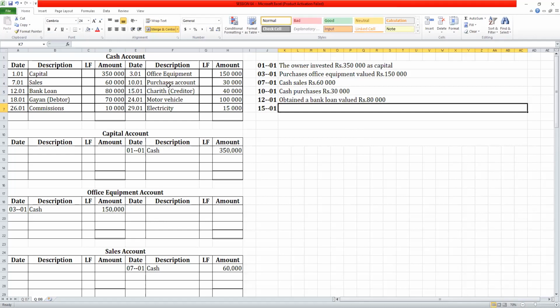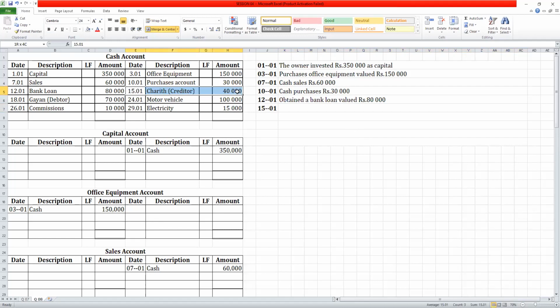Listen carefully. Cash account credit 40,000. Charit creditor debit 40,000. What is this transaction? Anyone in the class?